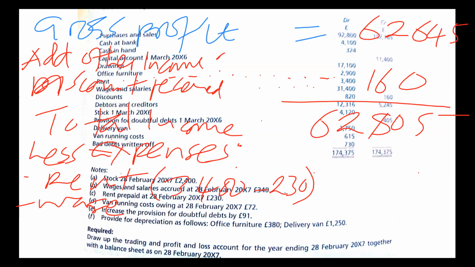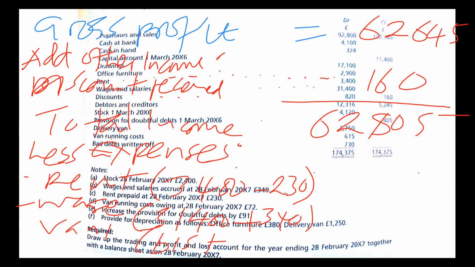Then for wages as well, there is an accrual. Since there is an accrual for wages and salaries, the wages and salaries amount to 31,400. Then you add the accrual, which is 340. Then you go to the van running costs, which are 615, plus the accrual.